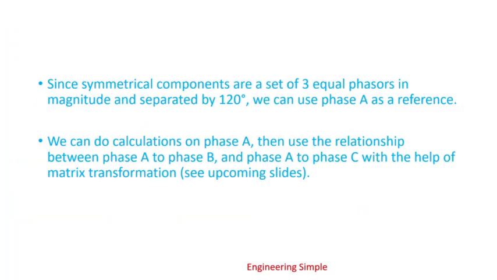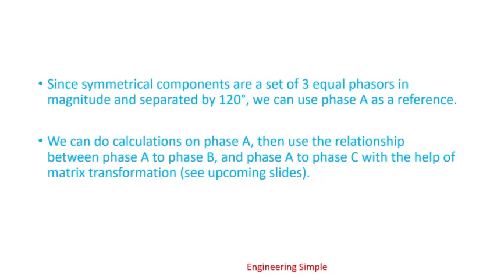Since symmetrical components are a set of 3 equal phasors, they're equal in magnitude and separated by the same angle, which is 120 degrees, typically you only use phase A as a reference. You don't write them for all phases.